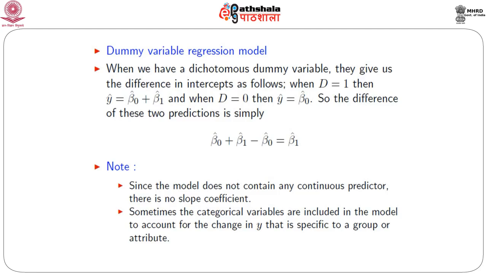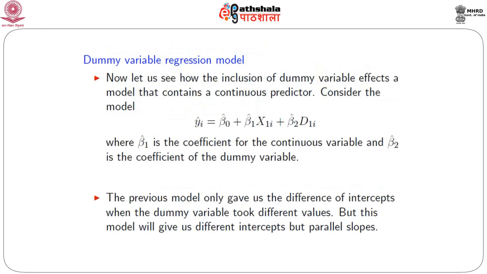Again, for female, where x2 is 0, we have a model with intercept beta naught and slope beta 1, so the model looks like beta naught plus beta 1 x1. Thus we can use these two models to compare the change in y that is specific to gender. We can generalize this for any other categorical variable used for a specific group or attribute.